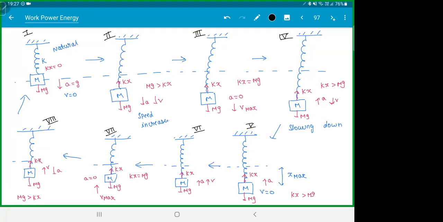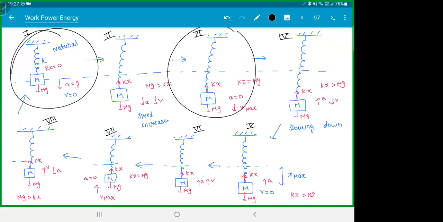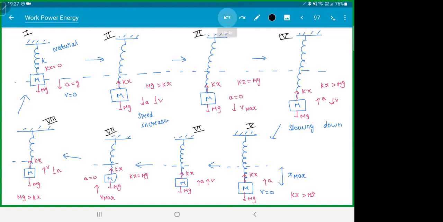Do have a look at this. This is what is happening with the whole system there. Now, in these states, we are interested in state 1, state 3, and state 5. Because in state 3 you're having maximum speed and in state 5 you're having maximum elongation. That's what you asked me to find. So in the exam you won't do all this. In the exam you just need to know state 1, 3, 5, how they look. But this is just an analysis. You know what is happening with the whole motion there. Please have a look at this properly.